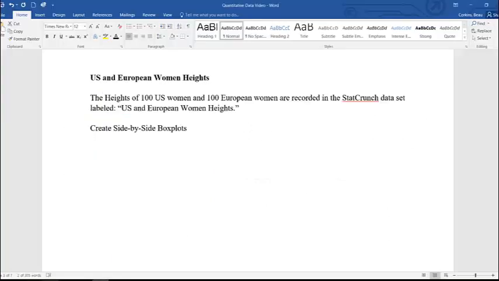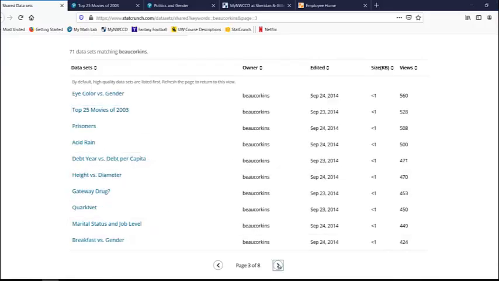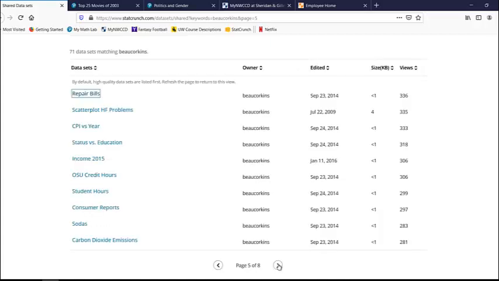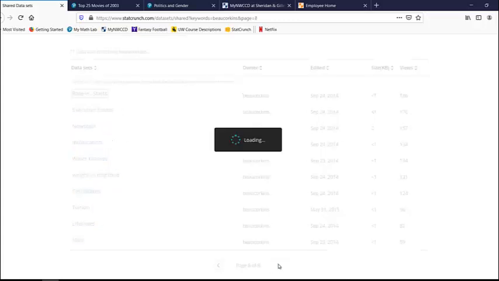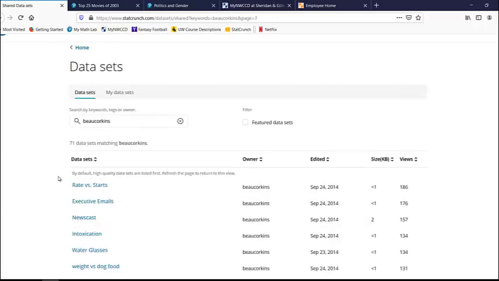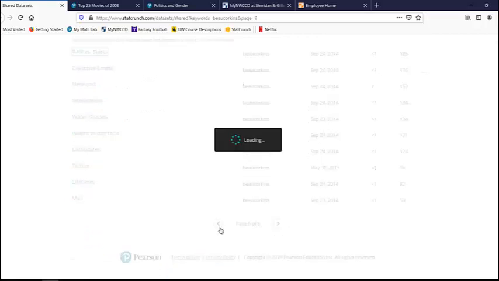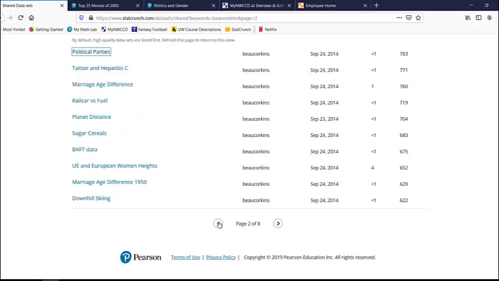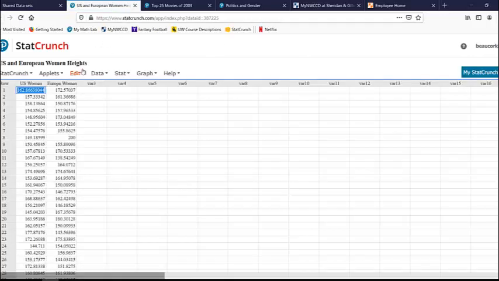So US and European women's heights, which of course is on the last page of the check. Okay, so we have the US and European women's heights.